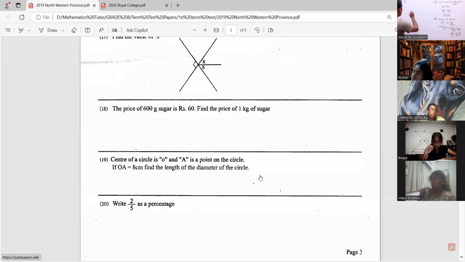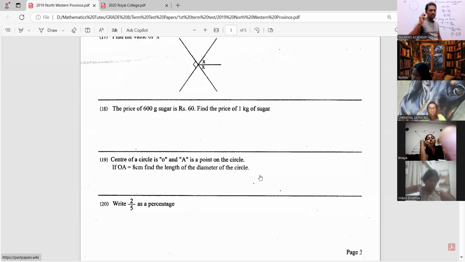Right, first I will mark the given data using a diagram. The center is O. Center means what? The midpoint of the circle, no? Right, the middle point of the circle.